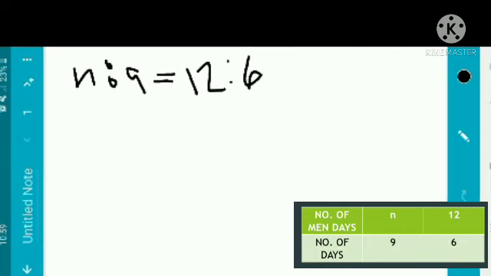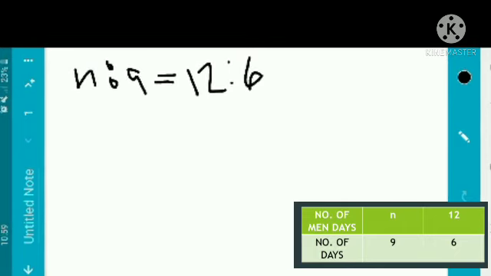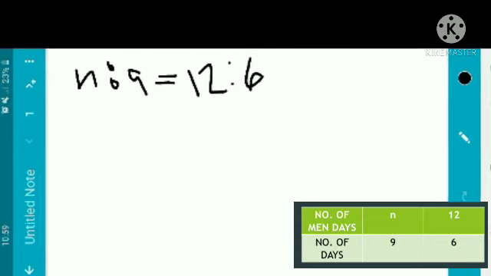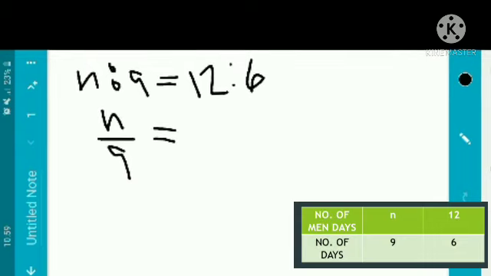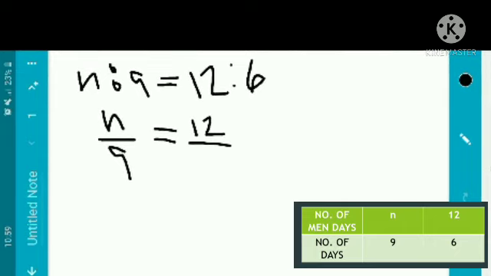That should be expressed in fraction in order to apply the cross product rule, or cross multiplication. So n is to 9 is expressed as n over 9, equal to 12 is to 6 expressed as 12 over 6.